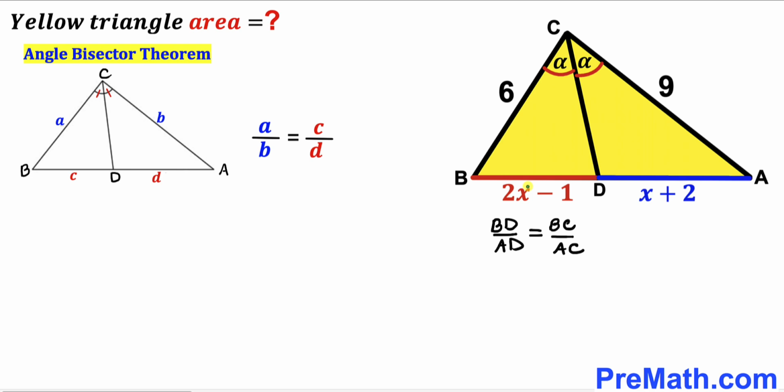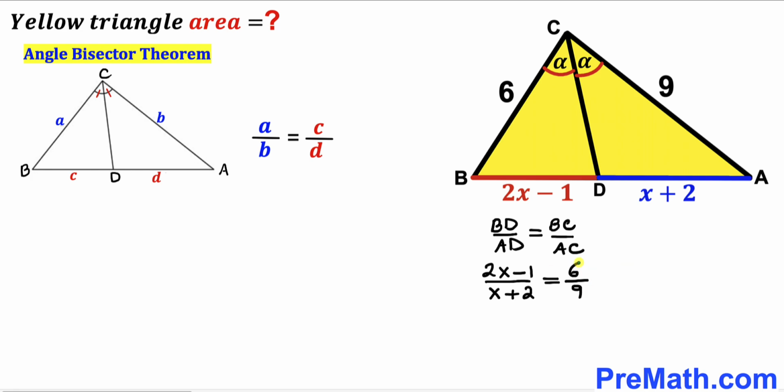Now this BD segment is 2x minus 1, so I'm going to replace that with 2x minus 1. Likewise, AD segment is x plus 2, so I'm going to replace that with x plus 2. For BC, this side length is 6, and finally this side length AC is 9, as you can see in this next step.